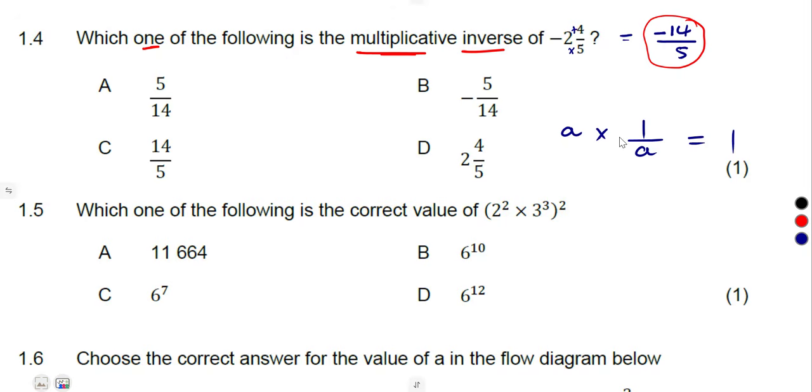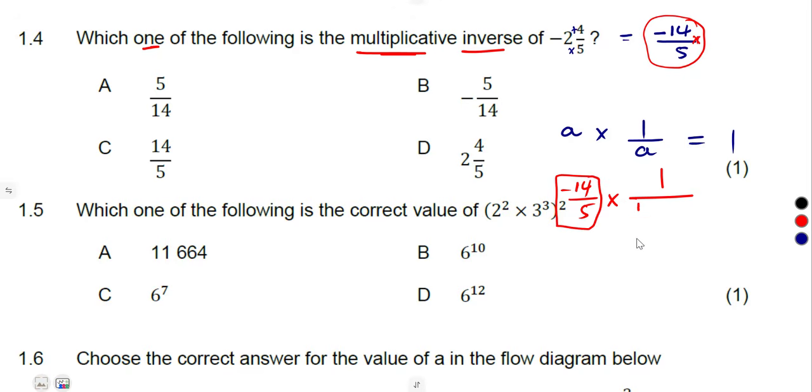So what is its reciprocal? Because we are saying if we take our A, which is negative 14 over 5, it must be multiplied to 1 over the same number that was there. 1 over what? 1 over A. So it's 1 over this as it is.